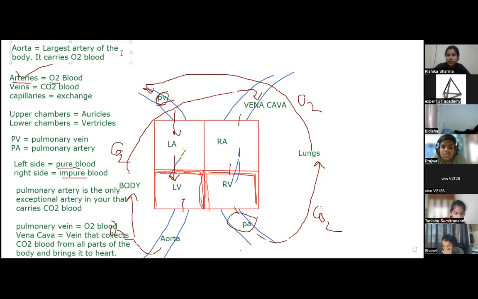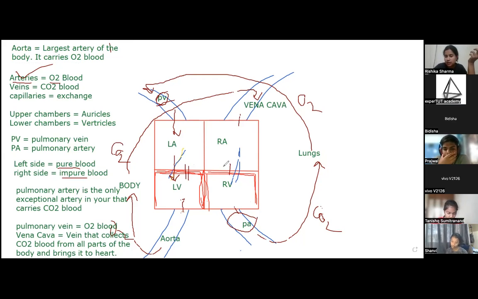Now, after understanding this much, we are going to see something more. Left auricle and left ventricle. In between the left auricle and left ventricle, you have valves.